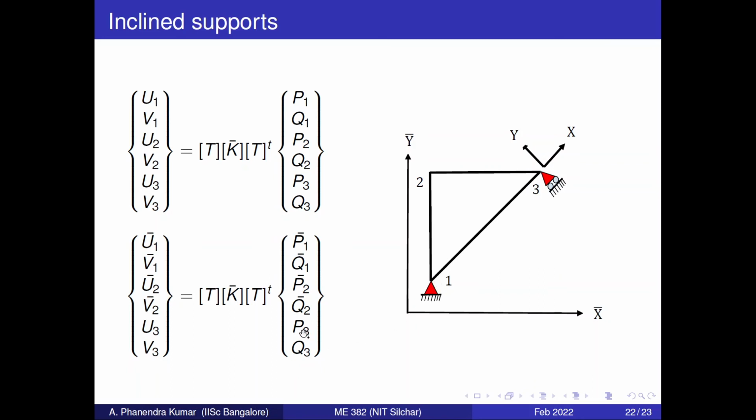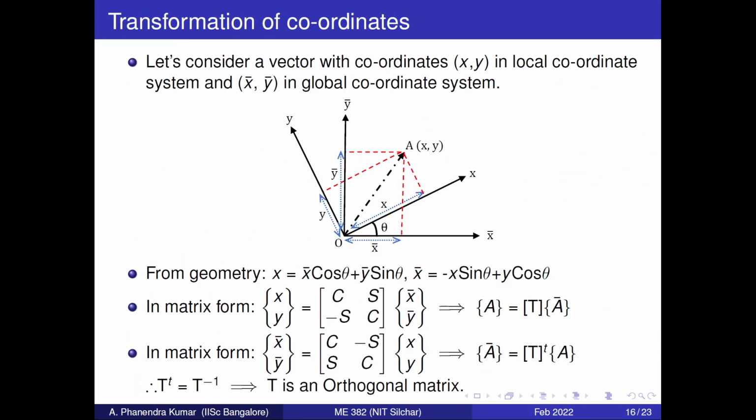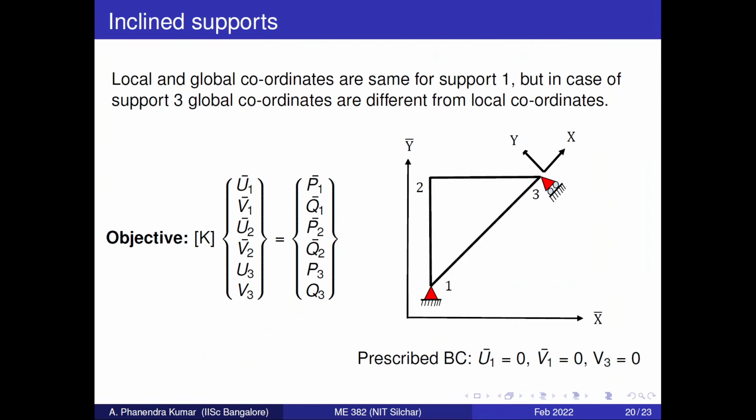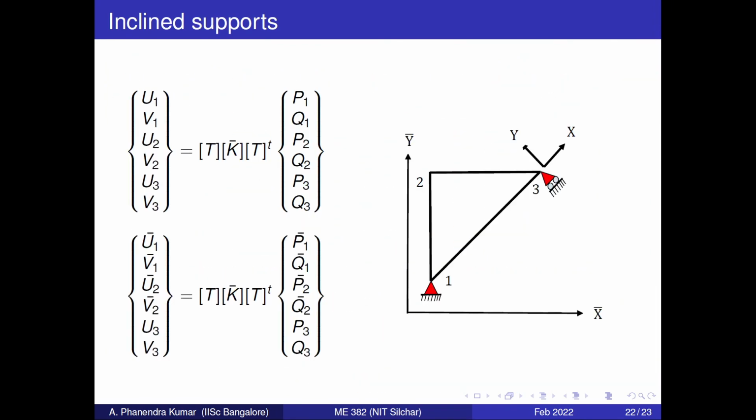When we evaluate the loads, we will get Q3, which is in this direction. Then we can resolve in the global directions, and we can derive the loads directly in the global coordinates at point 3.